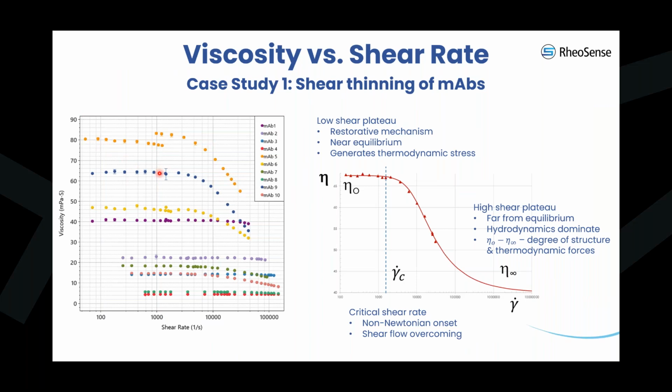But in a viscometer, for example in the VROC system, we just apply shear deformation to the sample, and we can just measure viscosity and not G prime, G double prime. So that's the difference between rheometer and viscometer.